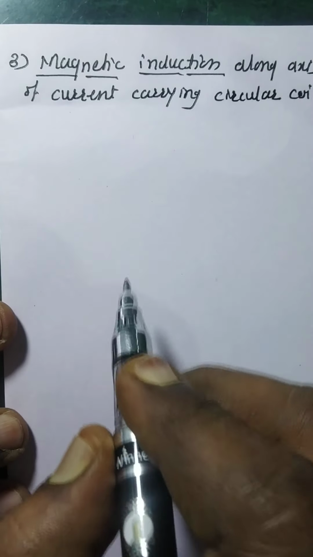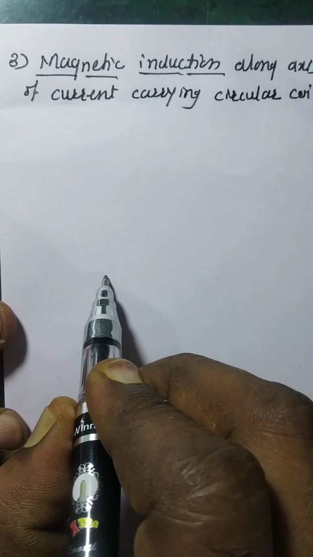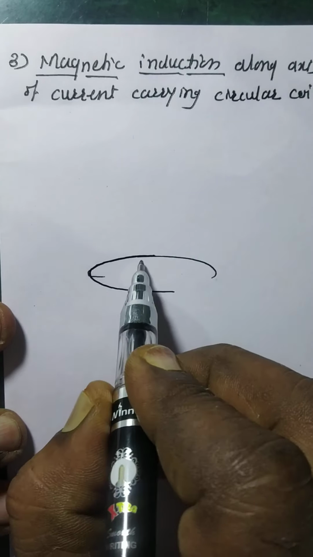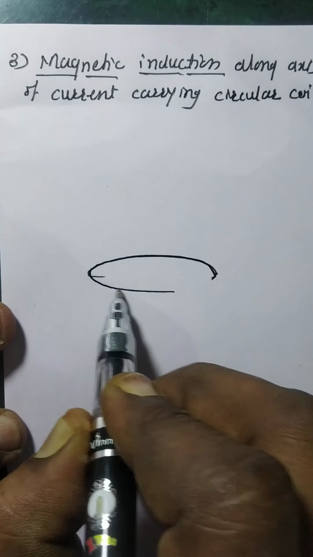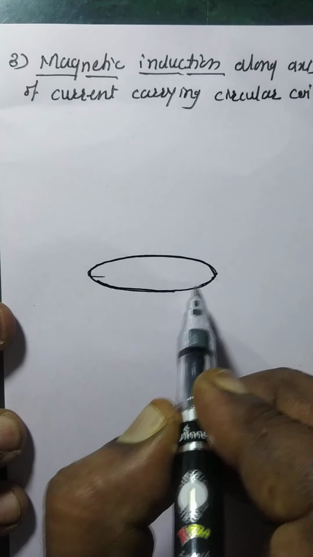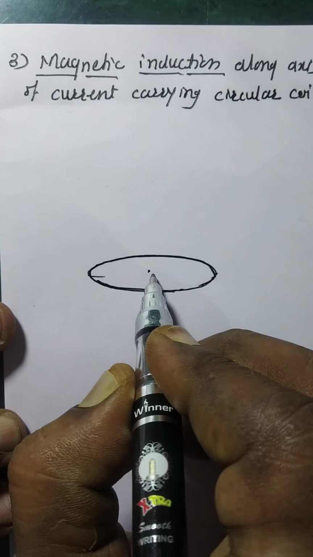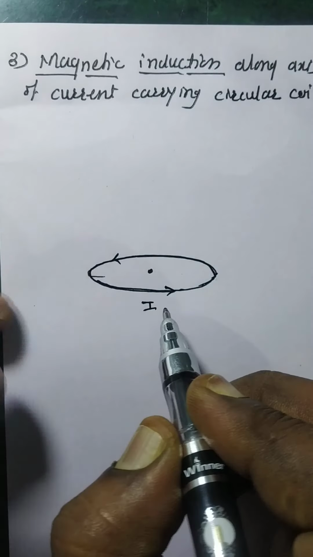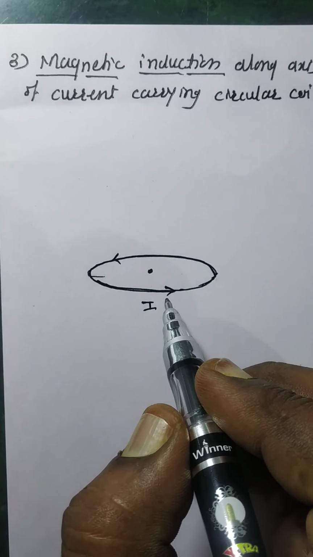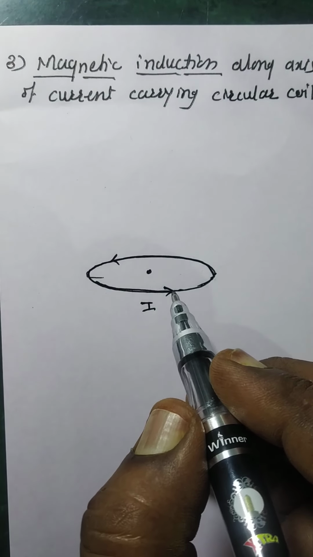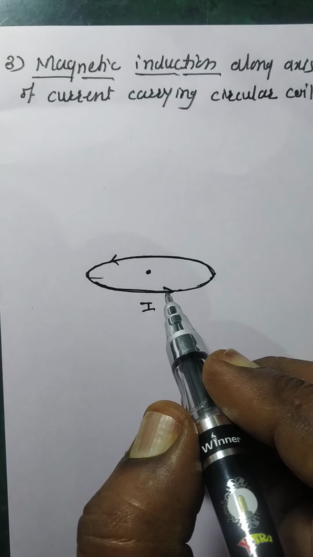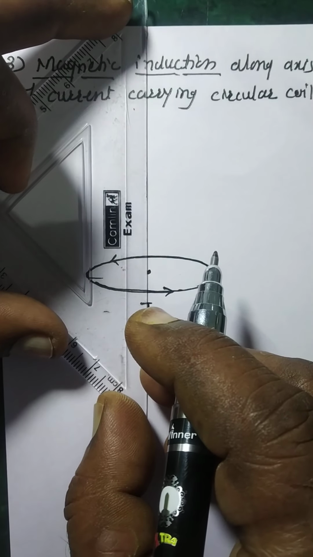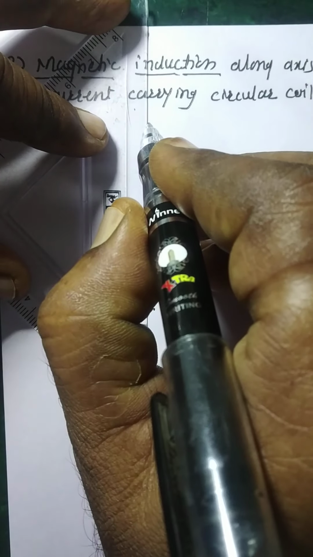Now see, consider a circular coil carrying current I. Suppose this one is the axis of the coil.